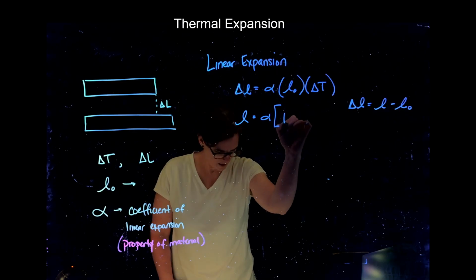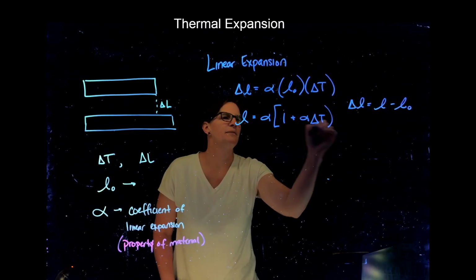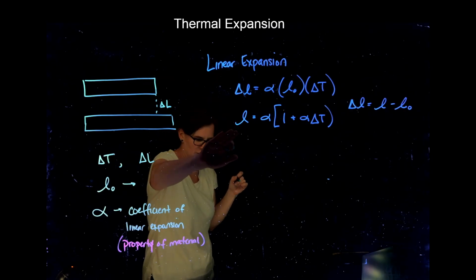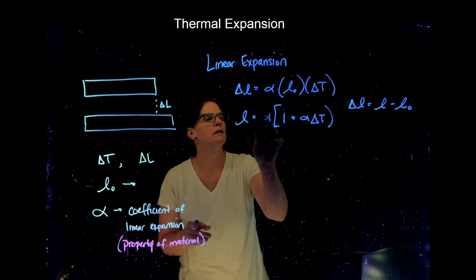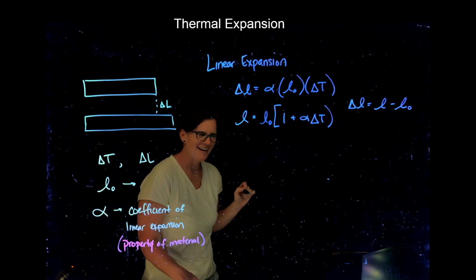And it is 1 plus alpha delta t. So now I can look at both the change in length, or I can look at, I forgot. Whoa, I made a mistake. Sorry. Should be on that. I'm like, that doesn't look right.